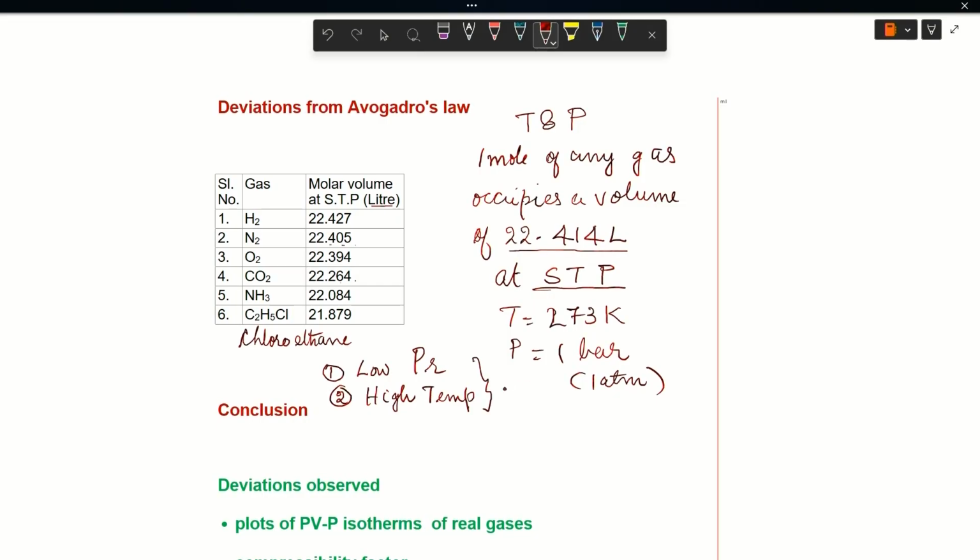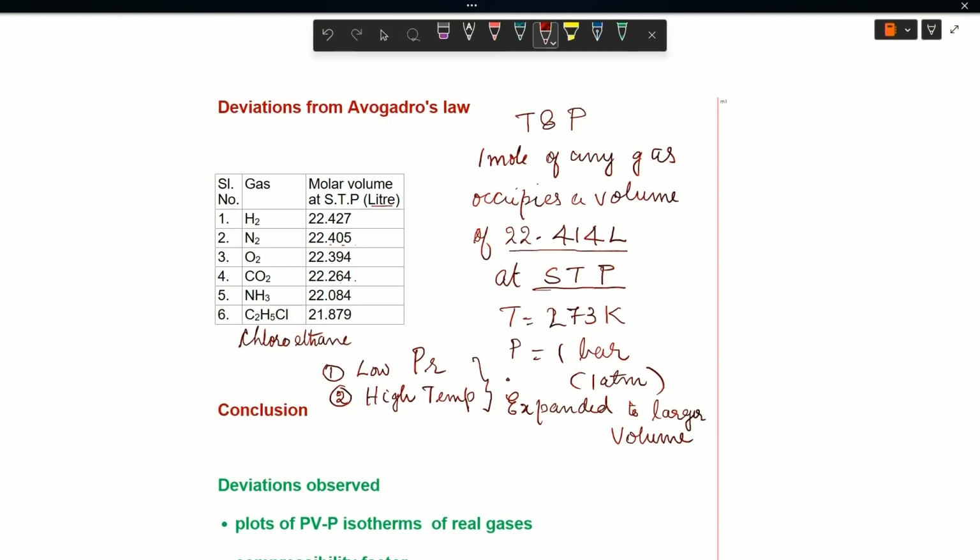The assumptions of ideal gas from which the real gases show deviations are two points: the volume of the molecules is neglected when compared to the volume occupied by the gas, and there is no intermolecular force of attraction between the molecules.